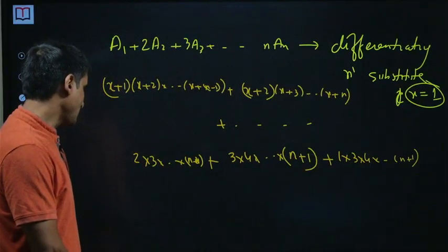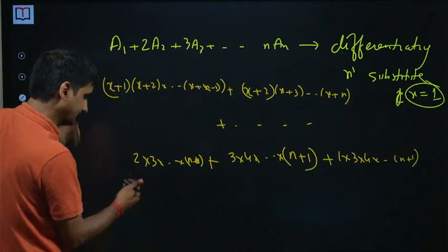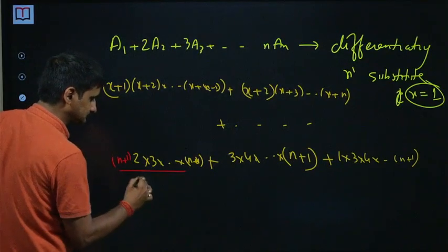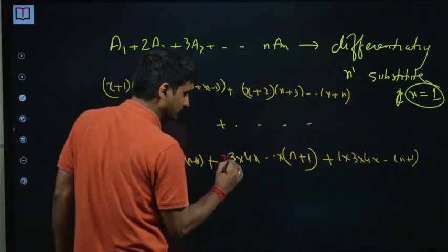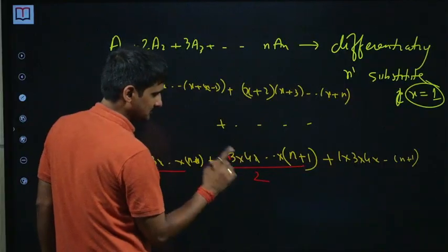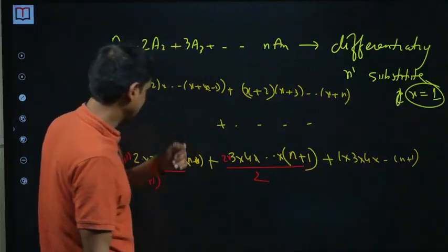Now in every term, we multiply and divide by the missing factor. This one term is missing in every term. Sorry, I repeated it.